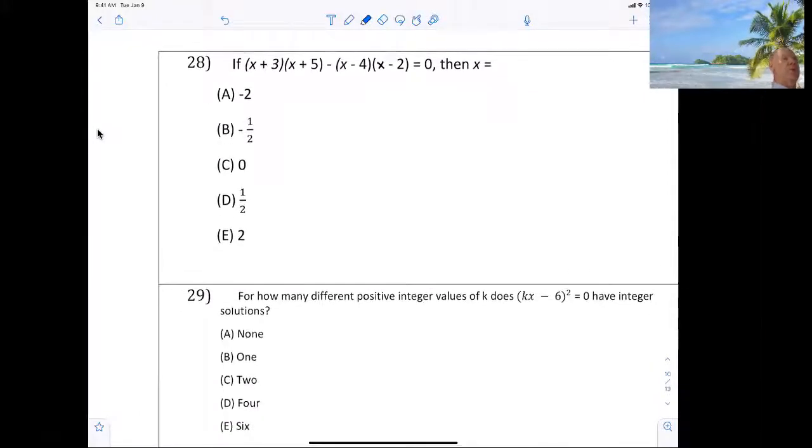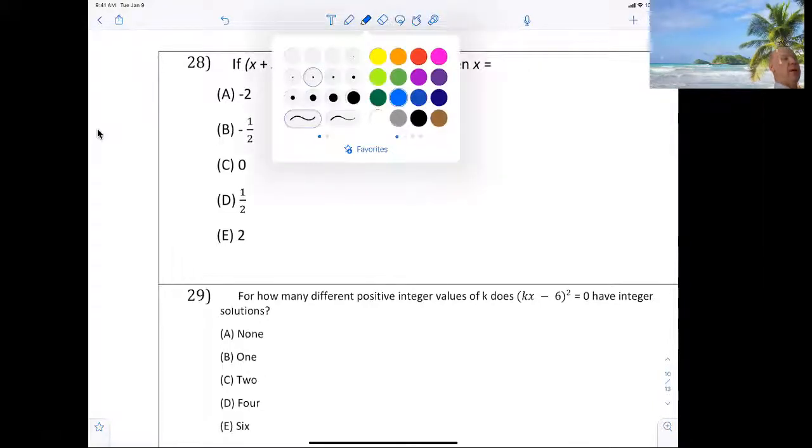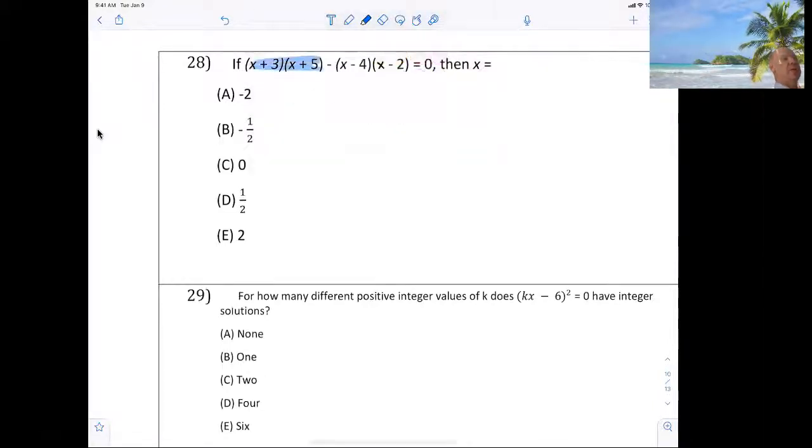I tried to trick you on this one. What do I have to do first? Yeah, you have to multiply that out. I have to multiply this, and then multiply this, then subtract, then solve it. So chop chop, let's go.